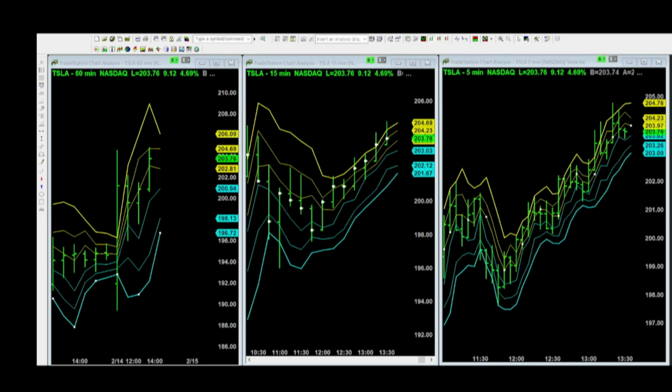So generally, even for this 5 minutes chart, when it reaches this top yellow trend line, it has a high possibility to decrease. And when it decreases to this bottom blue trend line, it also has a high possibility to increase.